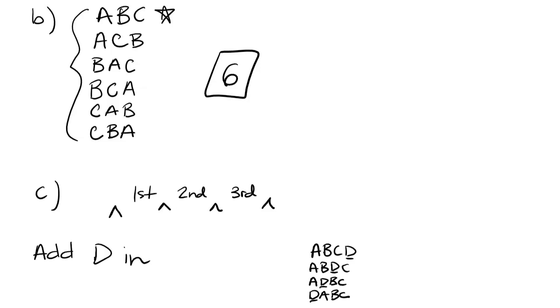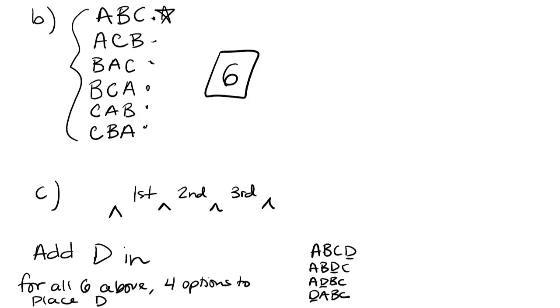But that's going to be true for each of these 6 possibilities up top. So for all 6 of those possibilities, we have 4 options to place D.